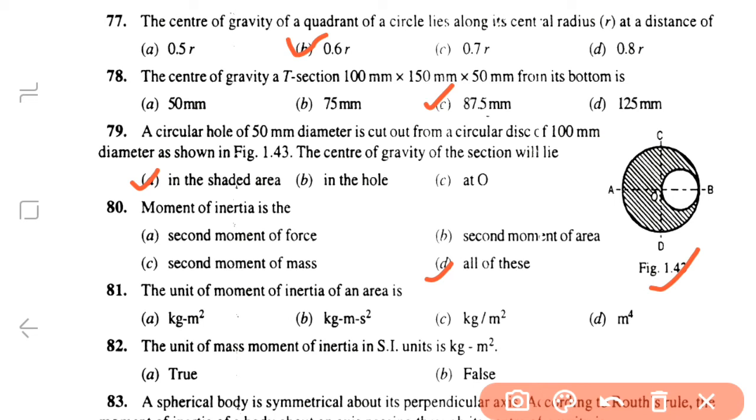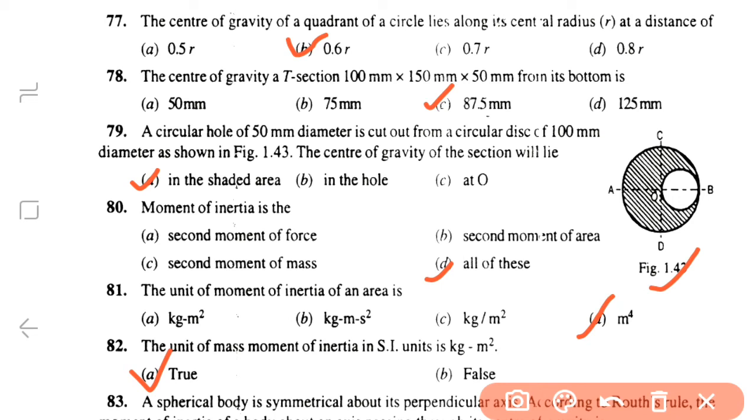Now next is: the unit of moment of inertia of an area is, here friends, these are the options, and here option D is the correct answer, that is meter raised to 4. Now next is: the unit of mass moment of inertia in SI units is kg meter square. Here, friends, options are true or false, and here option A, that is true.